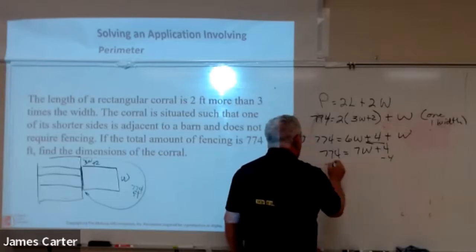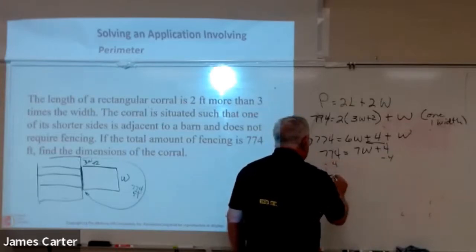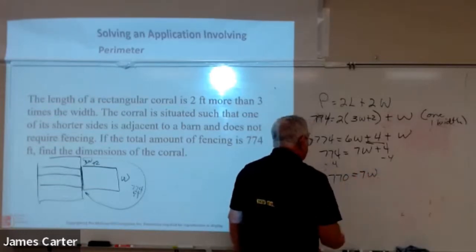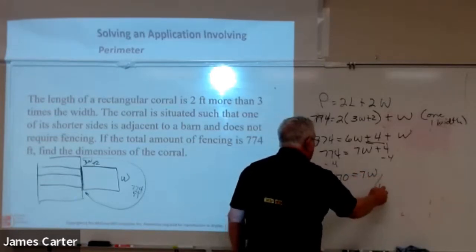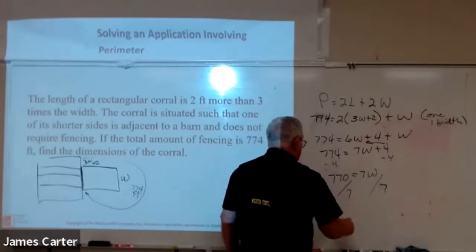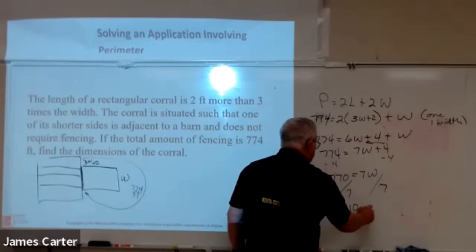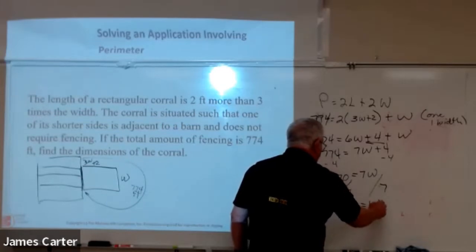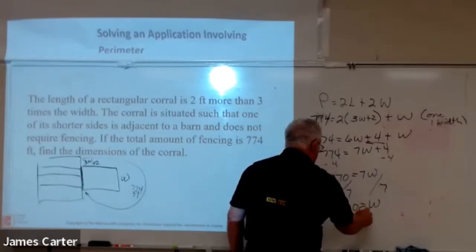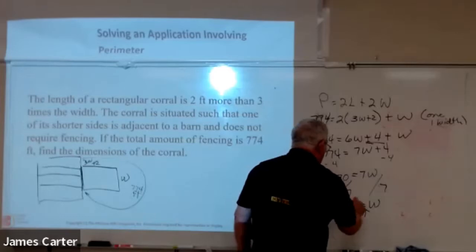Minus 4, minus 4. So I get 770 equals 7W. Divide both sides by 7. And it goes 110 feet is the width.